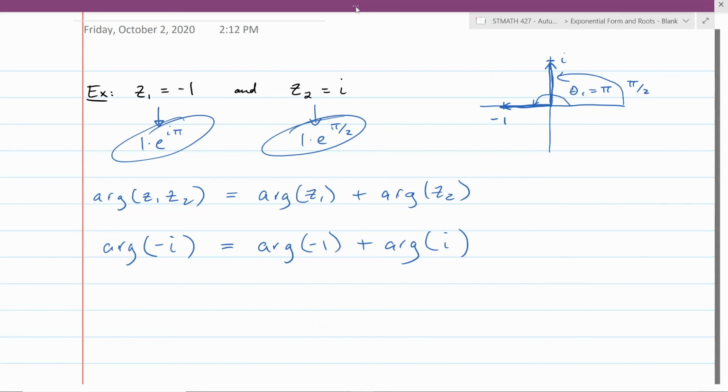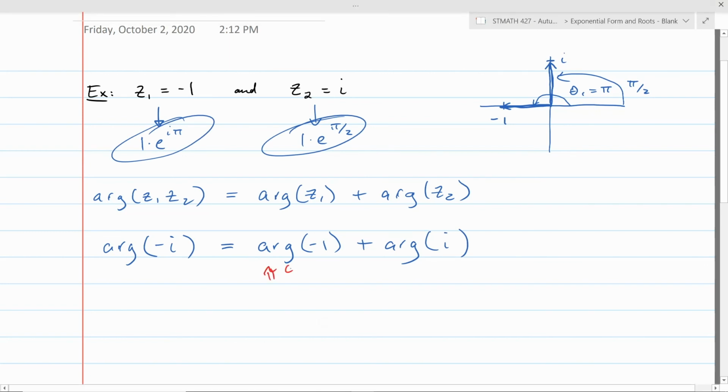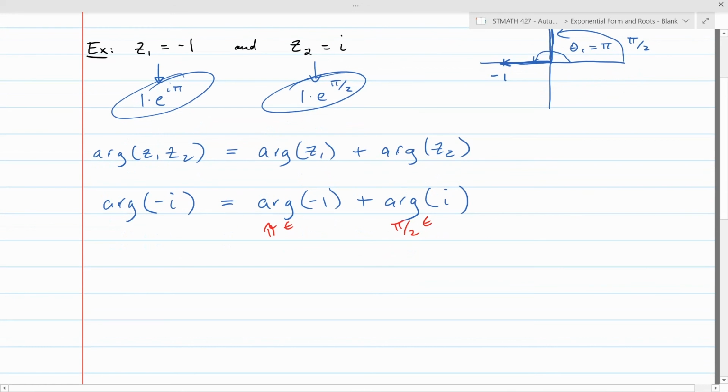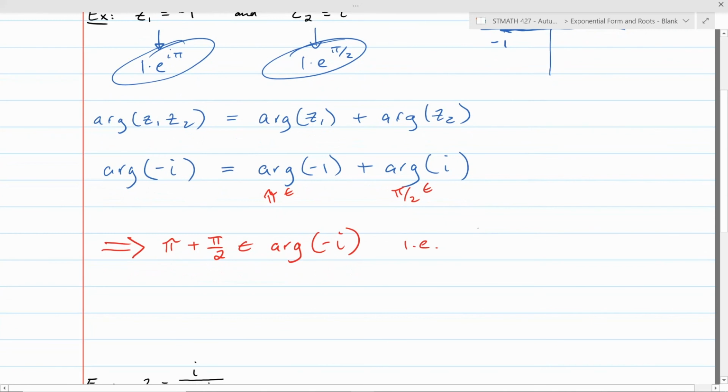I know that pi is an element of that first set, and pi over 2 is an element of that second set. So what's an argument of negative i? It tells me that pi plus pi over 2 is an element of the argument of negative i. In other words, 3 pi over 2 is an element of arg of negative i.